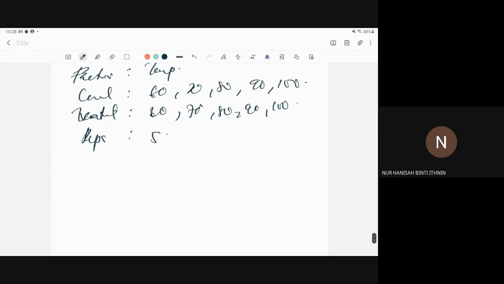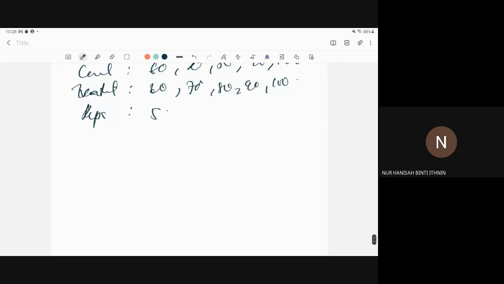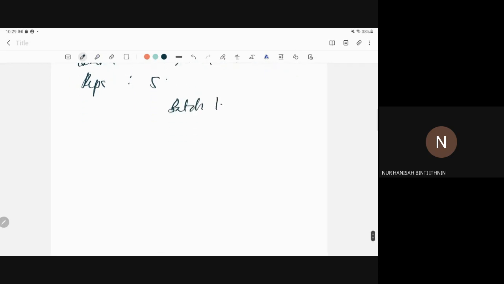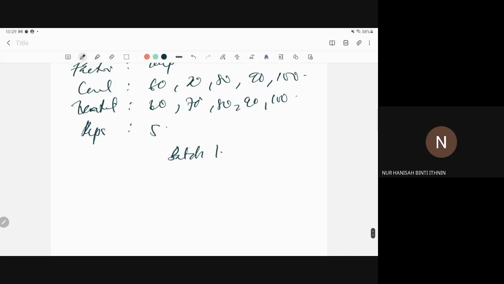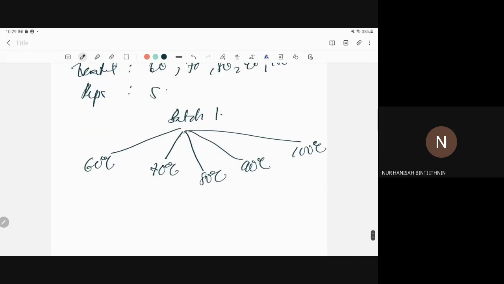If you were to do a completely randomized block design, what we need to do is buy a batch of bananas, so batch 1. This batch 1, we will divide into 5 groups, where one will be subjected to 60 degrees C, another 70 degrees C, 80 degrees C, 90 degrees C, and 100 degrees C. Then we randomize it.